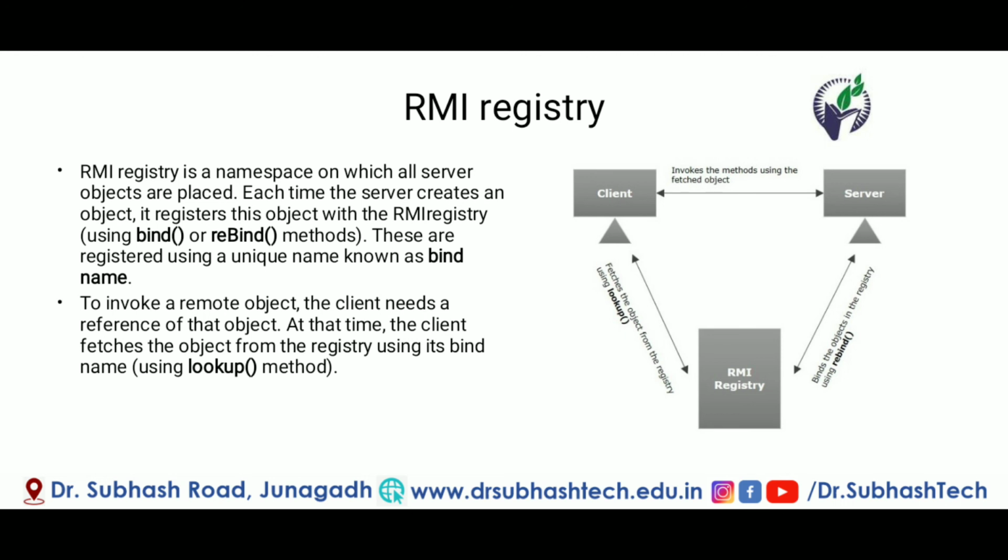Whenever a request is made, the client contacts the RMI registry and asks for the remote reference object which is stored for the server. So all of that is done by RMI.